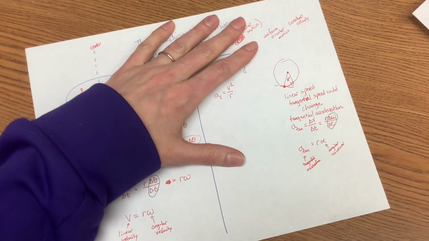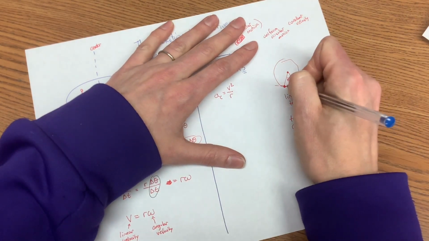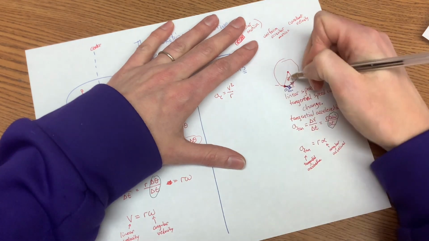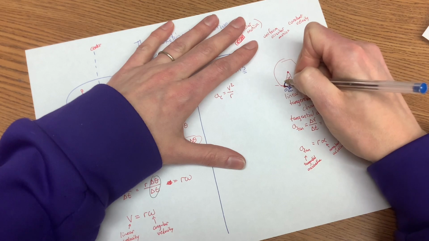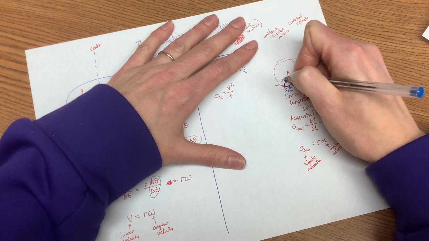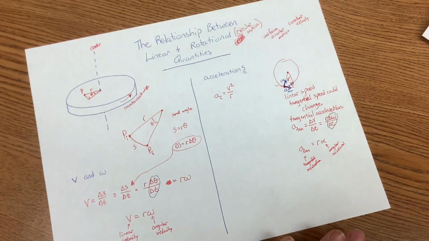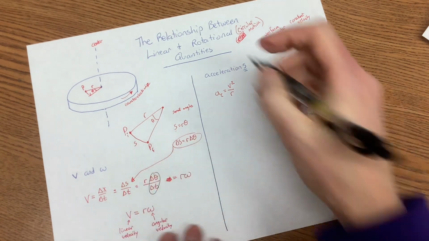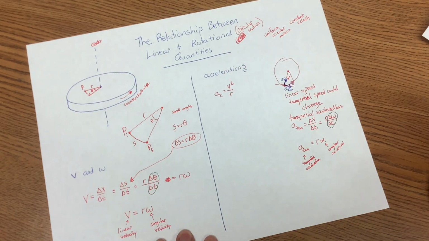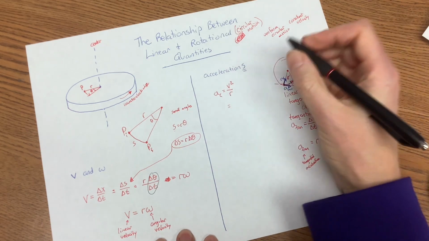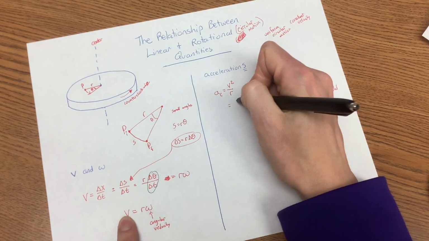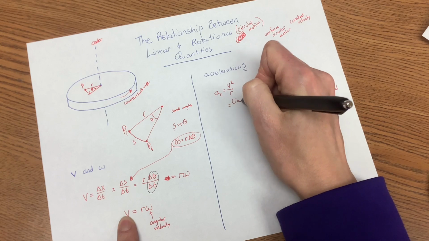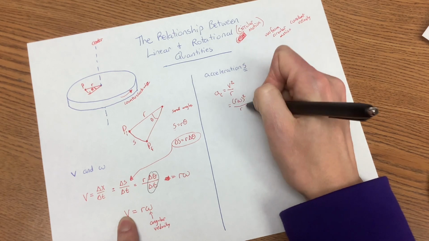And so let me draw it on my diagram. If my object is going this way, my tangential acceleration is going to be right here. So we'll call that a tan. And my centripetal acceleration is going to be directed toward the center. We'll call that AC. And if I wanted to see how that one was related, I just have to put in this v. So v squared would be r omega squared over r.